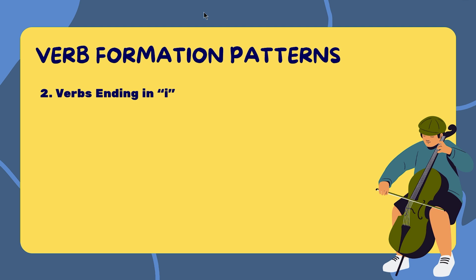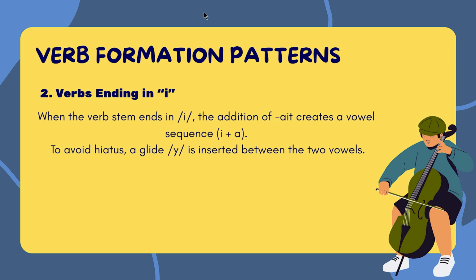Then there's a second pattern for the verbs which are ending in e sound. When the verb stem ends in e sound, the addition of 8 creates a vowel sequence of e, a. To avoid this, a glide, basically y sound, is inserted between the two vowels.